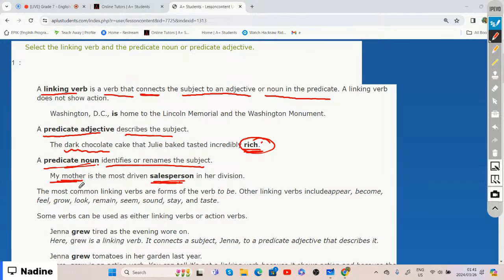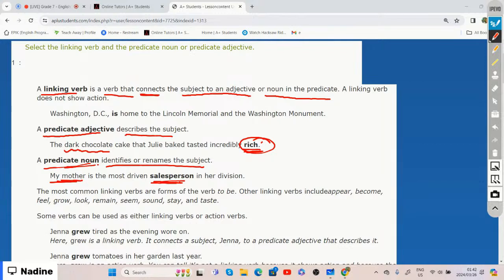So instead of saying my mother is the most driven salesperson in the division, we can say the salesperson is identified as the mother. So it's just being renamed or identified, that is how she's being identified as a salesperson.